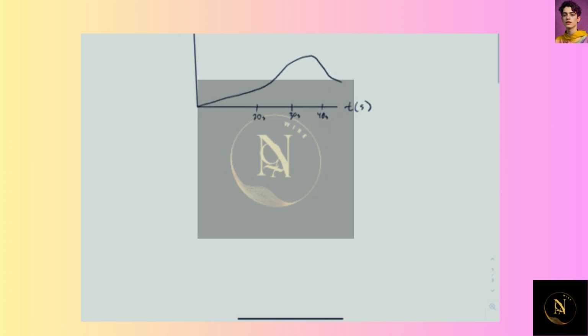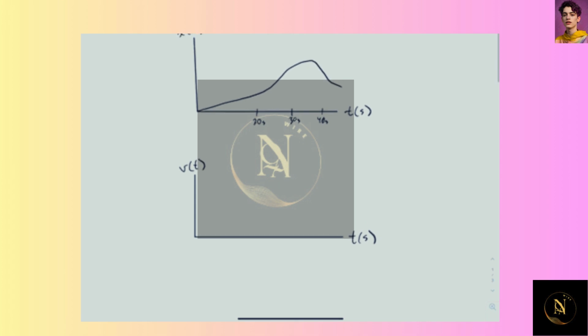So we want to find velocity versus time based on this. This is time, and this is velocity. Now what I'm going to do to figure out the velocity, if we remember that our velocity is the derivative of position, the time derivative. And so that means that the slope of this graph at any point, if we can approximate it, is going to be the velocity.